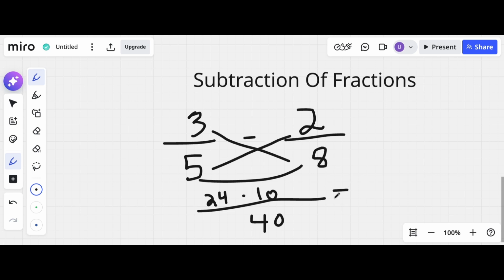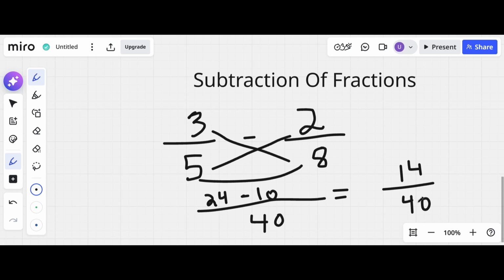So that is 24 minus 10, that's 14. Now I got 14 over 40. This is not my final answer because I can simplify this.